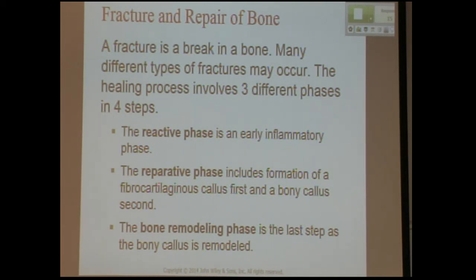So there's 4 steps. We've got reactive, which is the inflammatory phase, reparative, which kind of doesn't turn into bone right away. It's a fibrocartilage. And then there's a bone remodeling phase. We'll see that on here.